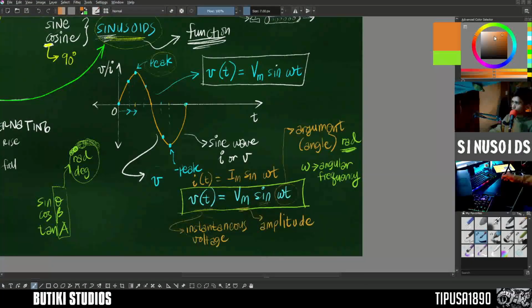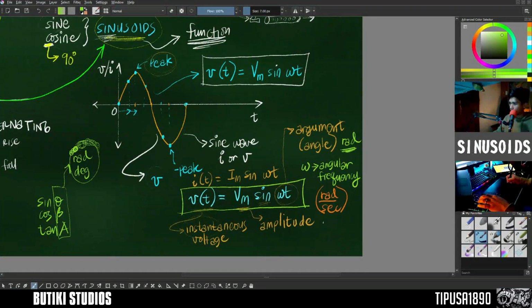And angular frequency is basically your radian per second. Mao na ang unit sa omega. But ang unit sa t is your time, that is in seconds. So omega t, ang unit niini karon is radian.